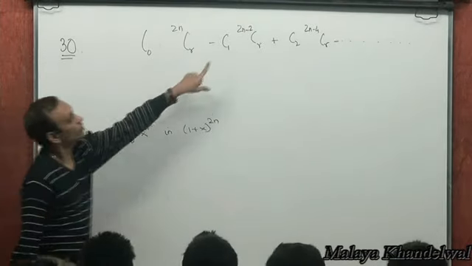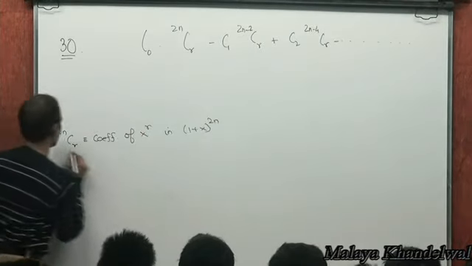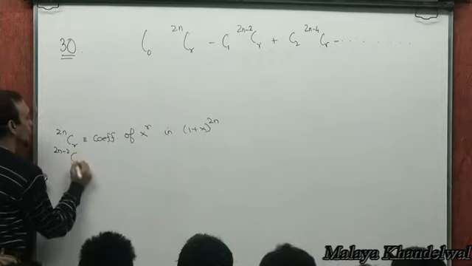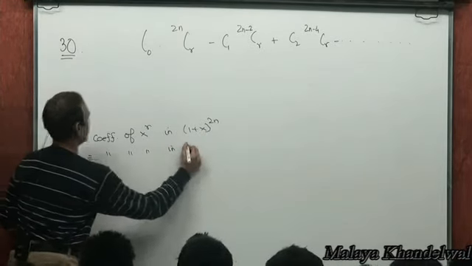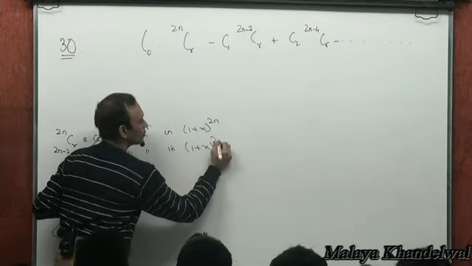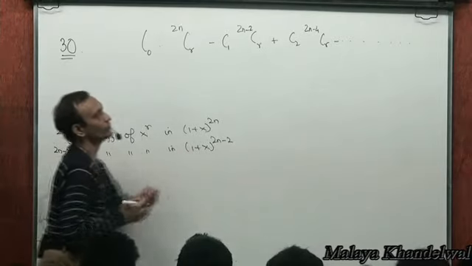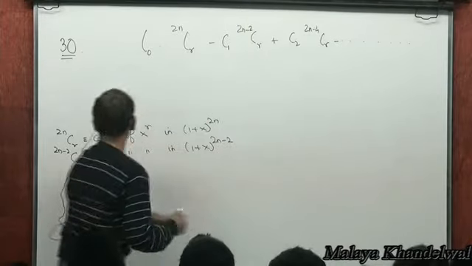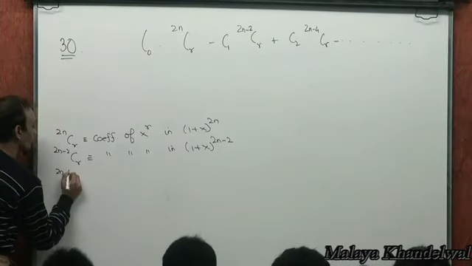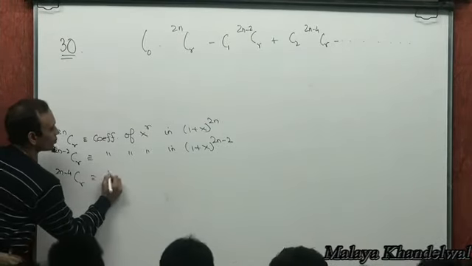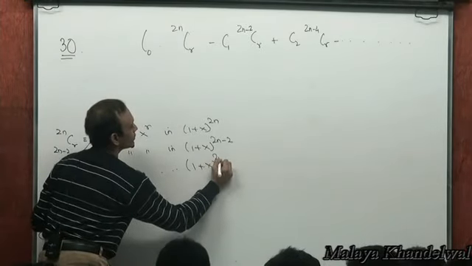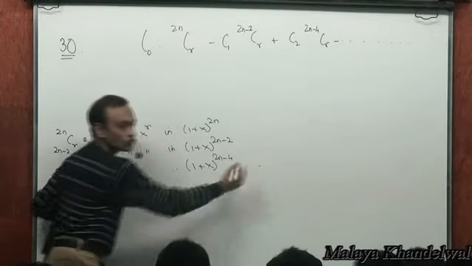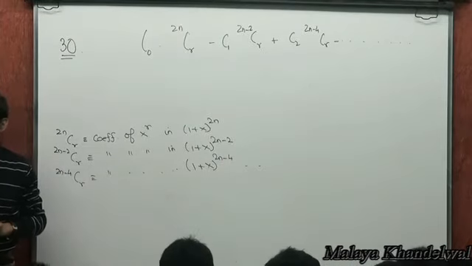Right? 2n minus 2 Cr is the coefficient of x power r in 1 plus x to power 2n minus 2. Similarly, 2n minus 4 Cr is the coefficient of x power r in 1 plus x to power 2n minus 4, and so on and so forth. Right?